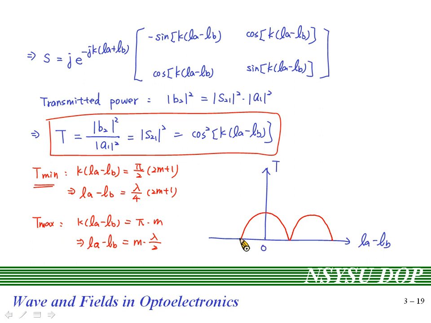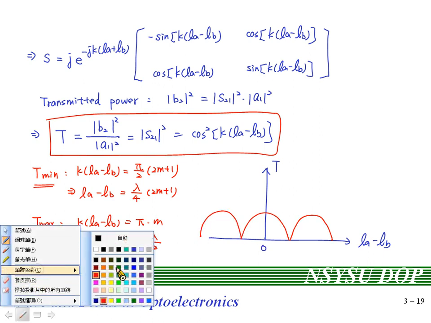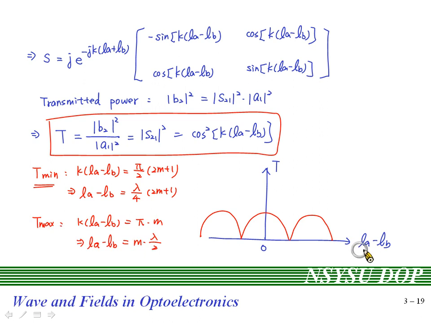It will look like this. As LA minus LB is 0 or half lambda or minus half lambda, you will have transmission maxima. And if LA minus LB is a quarter wavelength or minus a quarter wavelength, you will receive transmission minima like this.